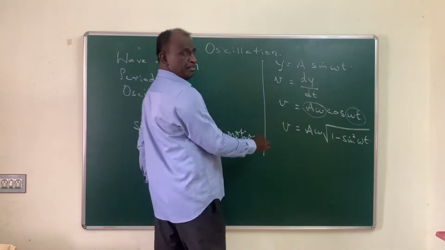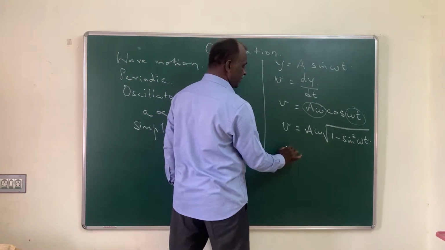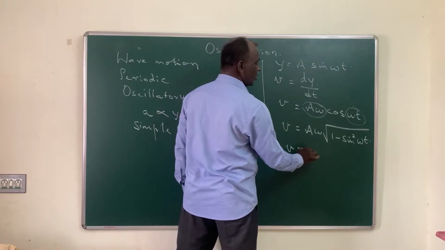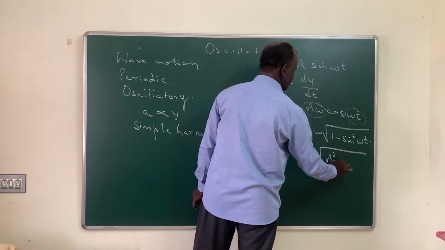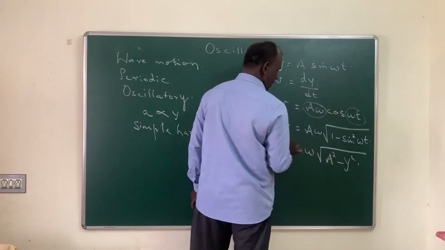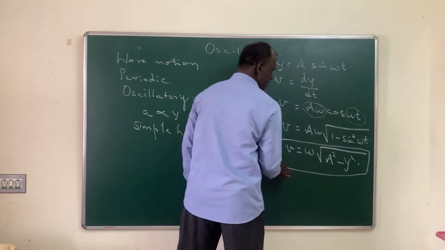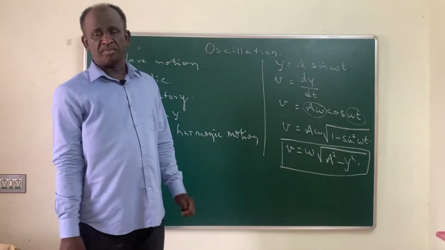After substitution, we get v equal to omega into root of a square minus y square. This is a familiar formula used to solve problems.